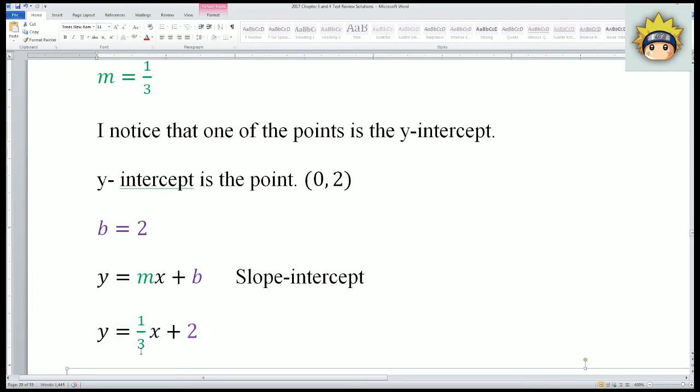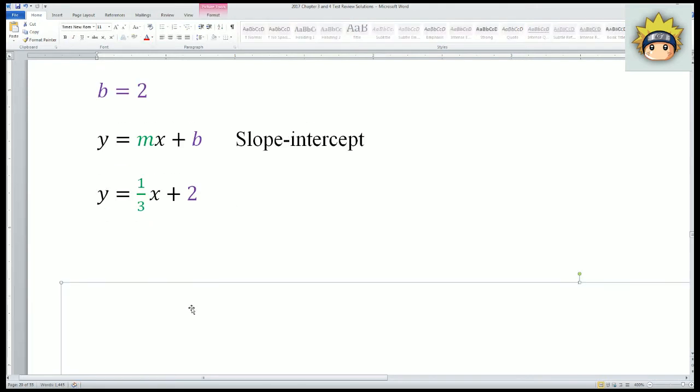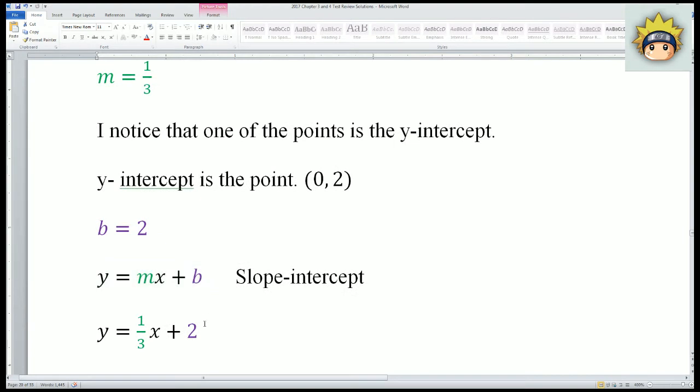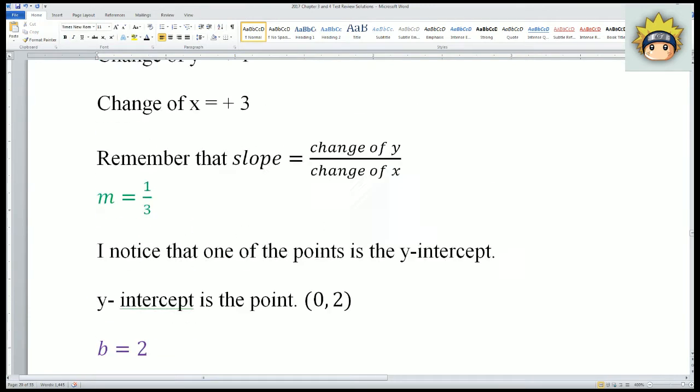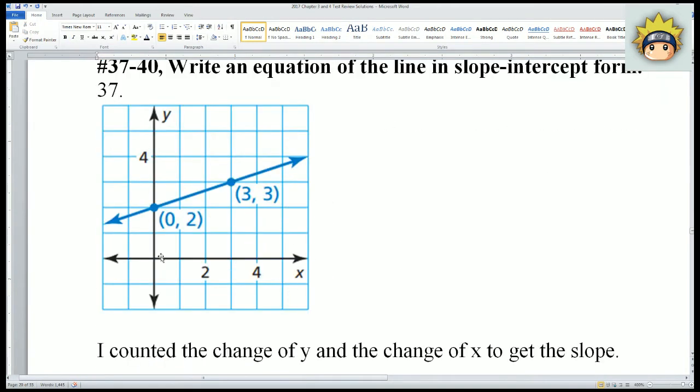So you put 1/3 here for the slope. B equals 2, which is the y-intercept. You're going to plug that in there. Okay, there you go. That is the solution, because y equals 1/3 x plus 2 is the equation that describes this graph right there.